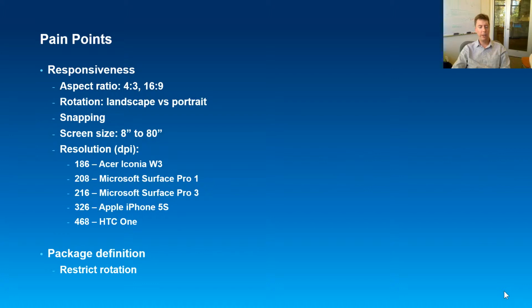In addition to that, developers need to consider rotations of devices, but also the technique of snapping. This is a Windows Store technique of moving the window to the edge. So the developer needs to keep in mind what they want to do when the application is snapped like that.